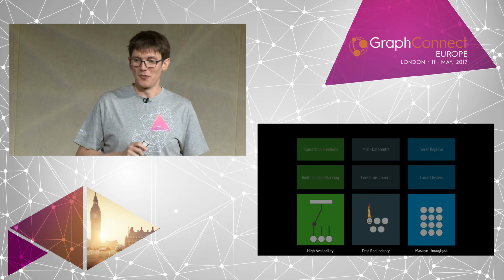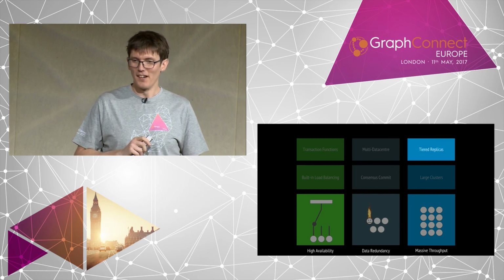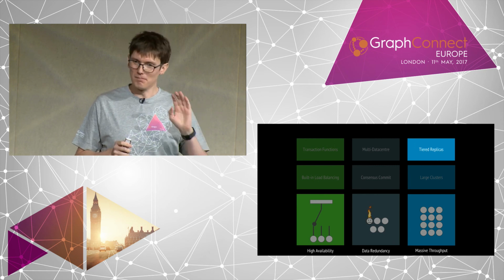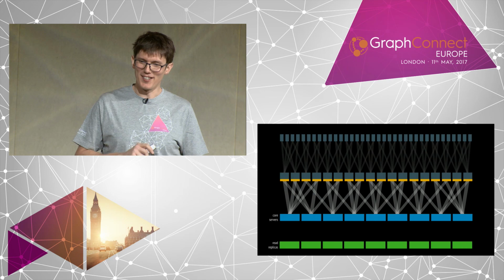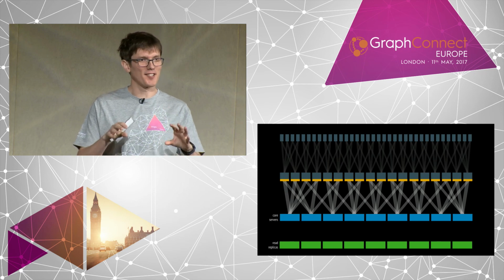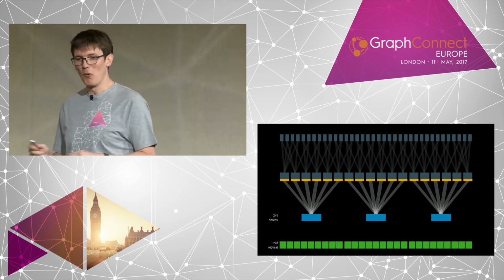Cool. So, the last area, we're a little bit tight on time. Tiered replicas is the last thing we did. We tried to reuse that multi-data center stuff and use it for the replicas.